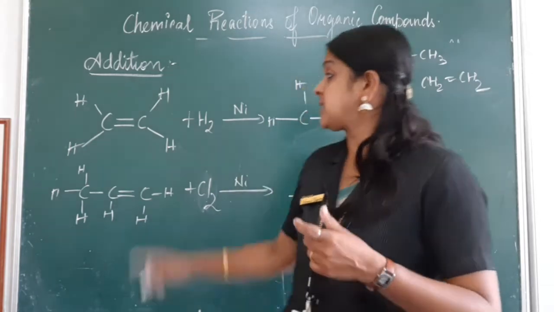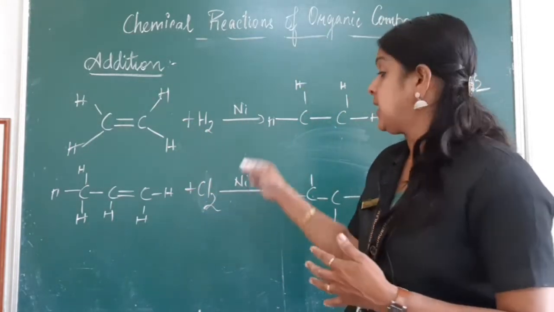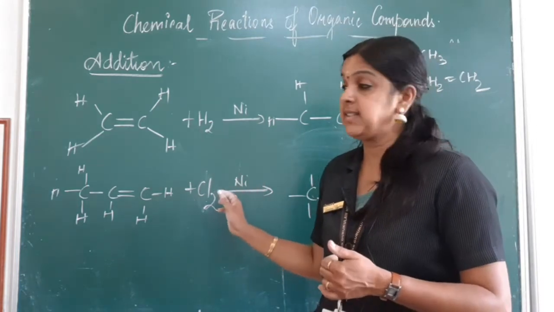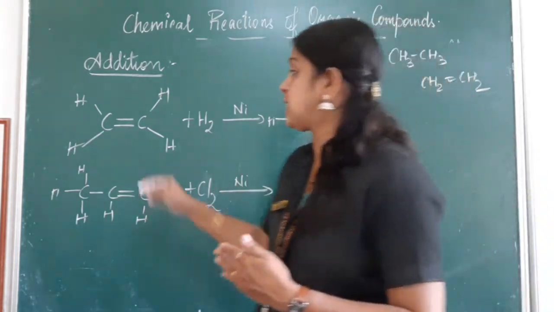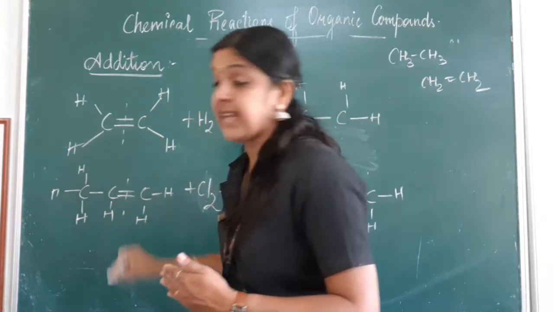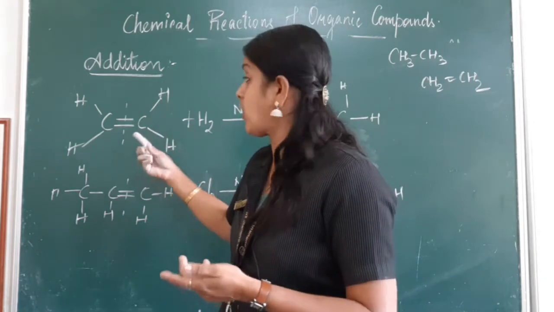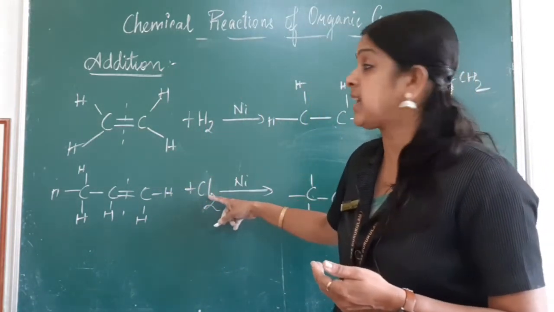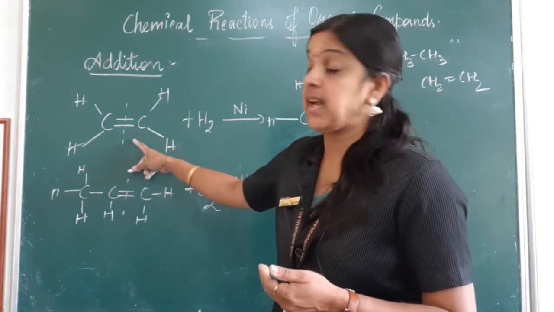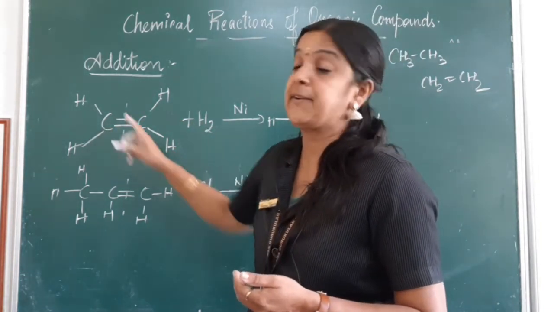When these unsaturated hydrocarbons undergo addition reaction in the presence of nickel as catalyst, they become saturated. How do they become saturated? The double bond breaks and becomes a single bond, and whichever reactant is added comes and joins the hydrocarbon.